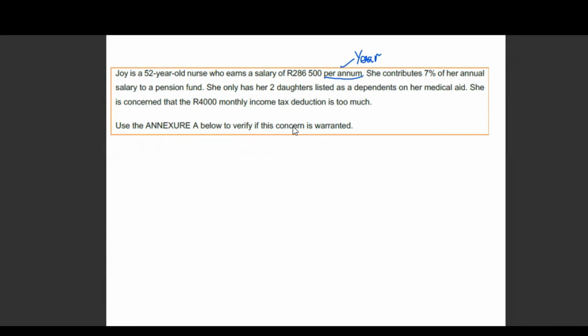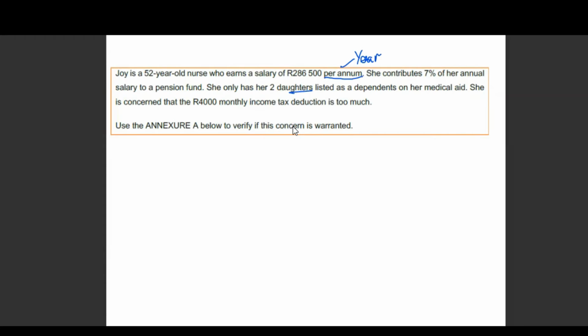On top of that, she only has 2 daughters listed as dependents on her medical aid. She is concerned that 4,000 rands monthly income tax deduction is too much. So we want to verify whether the concern is valid or not. Does she pay that much money?